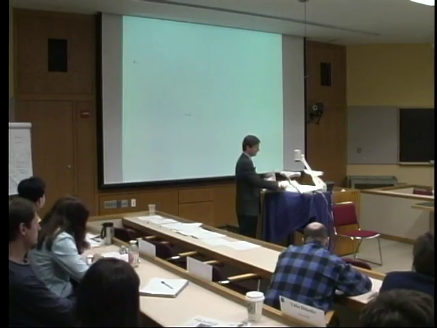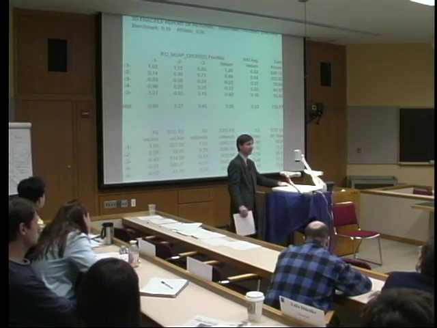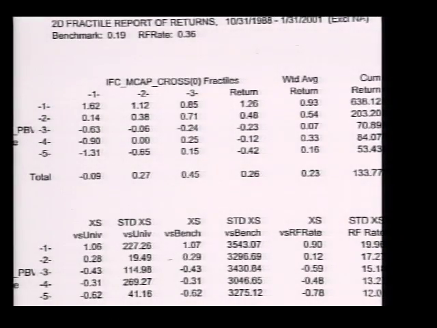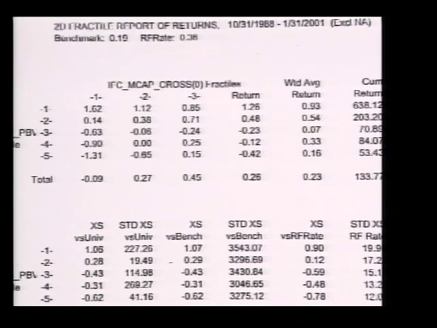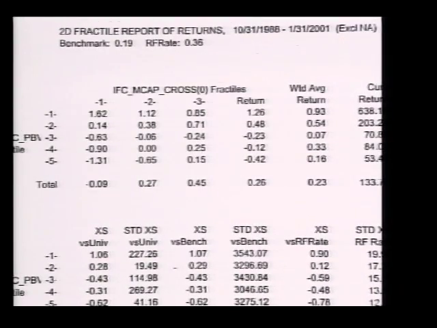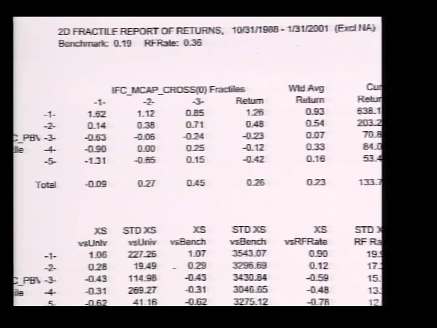I also did the same thing, value weighted, and it looked very similar. So no big difference, value weighted or equally weighted. Okay, this is interesting. This is run through January 2001, so the most recent data. Suppose I actually implemented that using the most recent data.